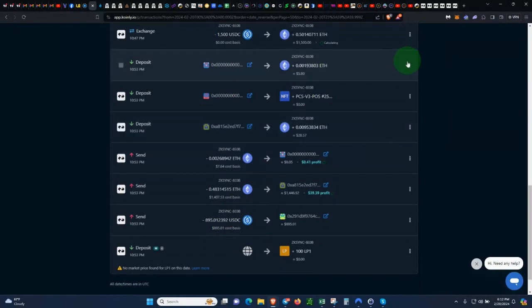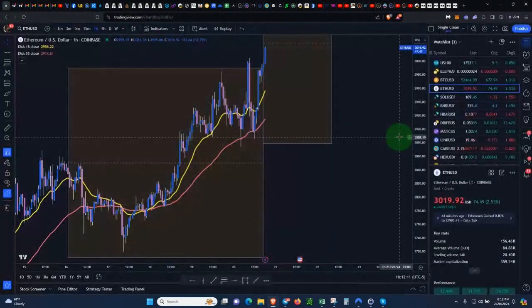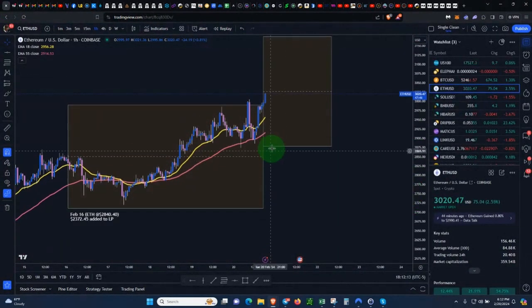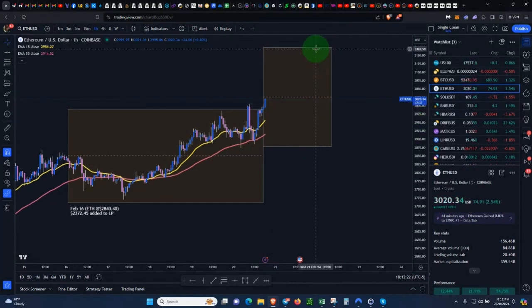Last but not least, we have the actual adding of the liquidity with my new range, kind of giving myself some room here if it does decide to pull back, but also giving myself a lot of room to the upside.